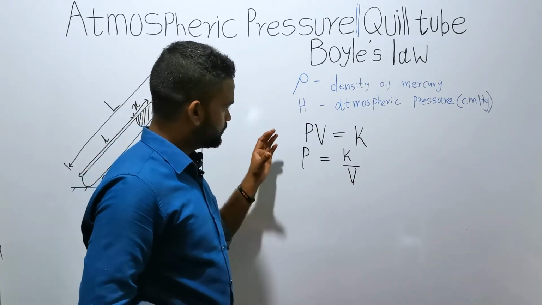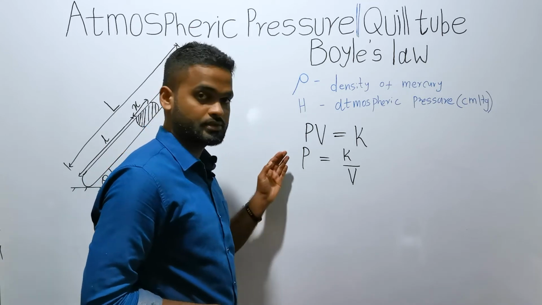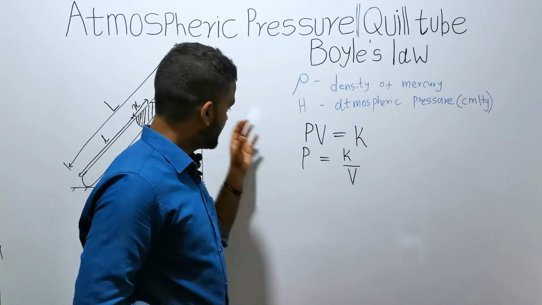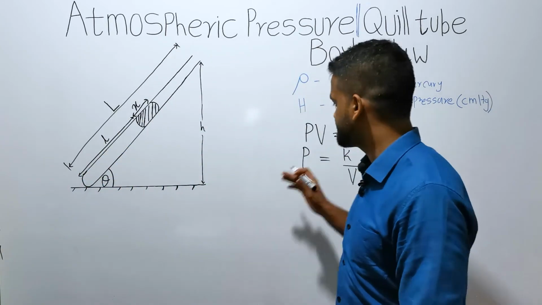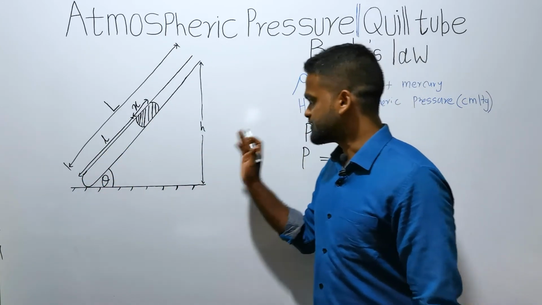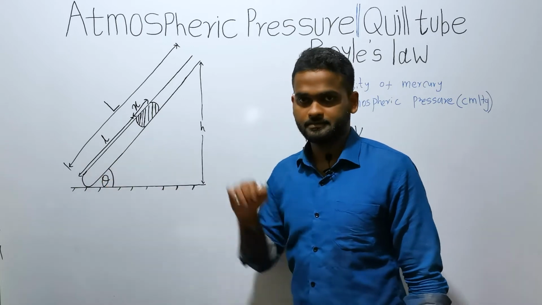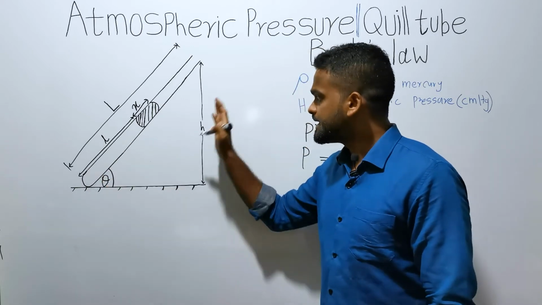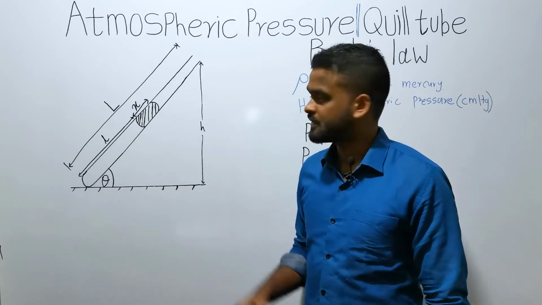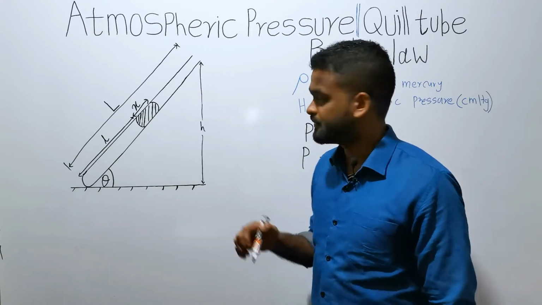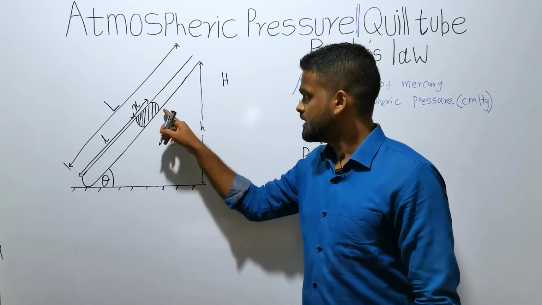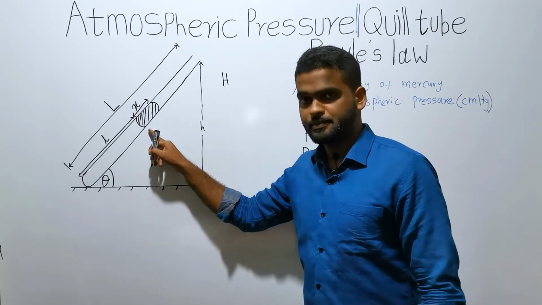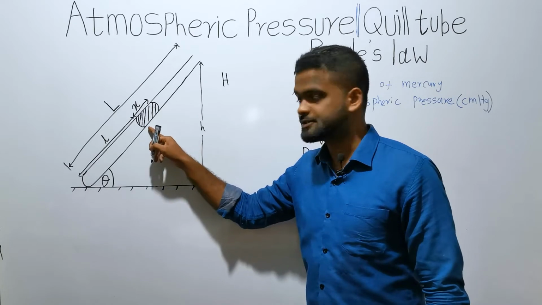Then we are going to write an expression for pressure in terms of these variables. P is the pressure of the trapped air. That pressure should be the atmospheric pressure, capital H, plus the hydrostatic pressure due to this mercury column.